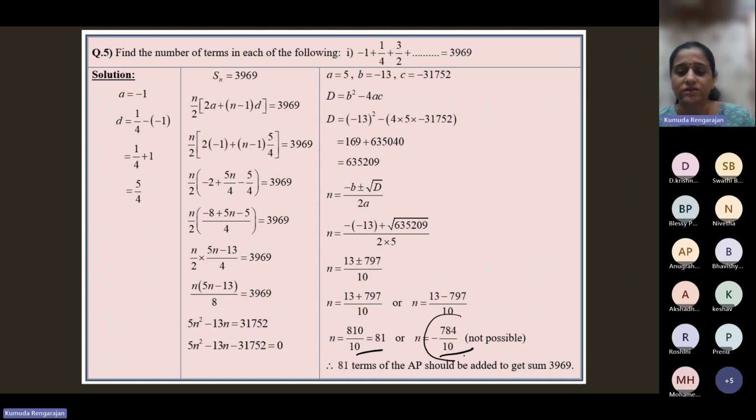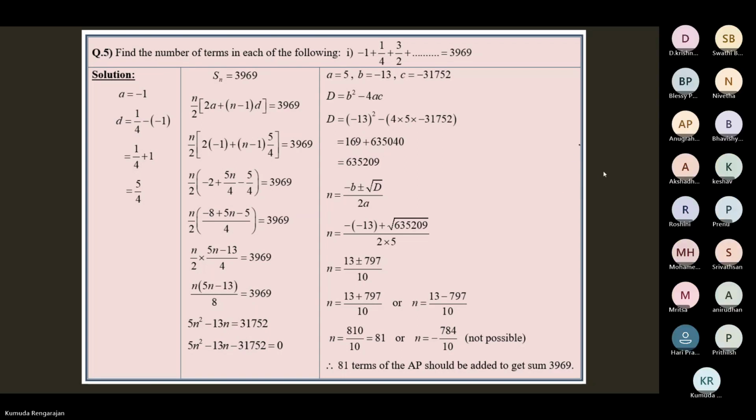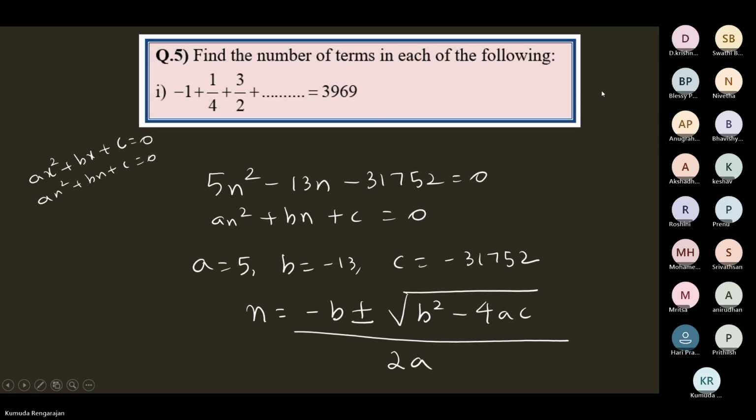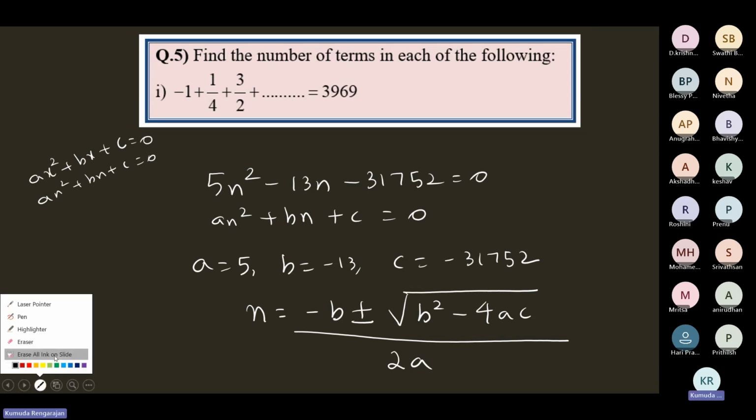As we understood, this is negative, it's a fraction, so not possible. N is equal to 81. Please work, children. Write the question.